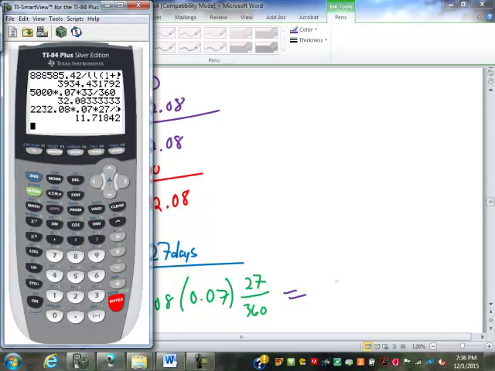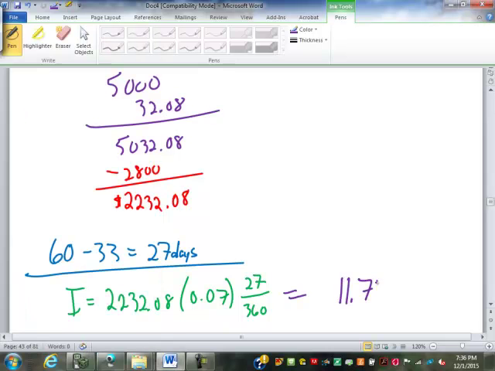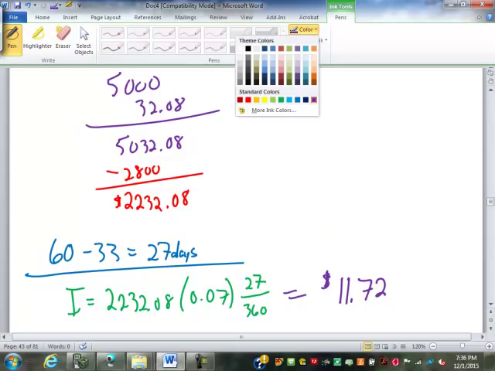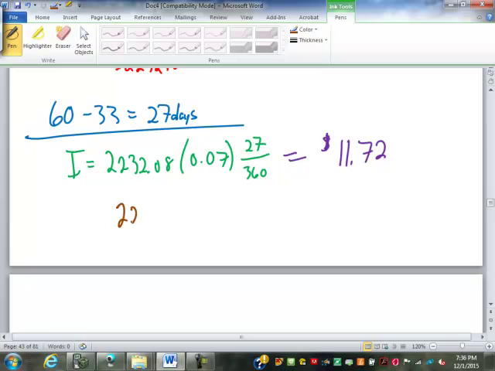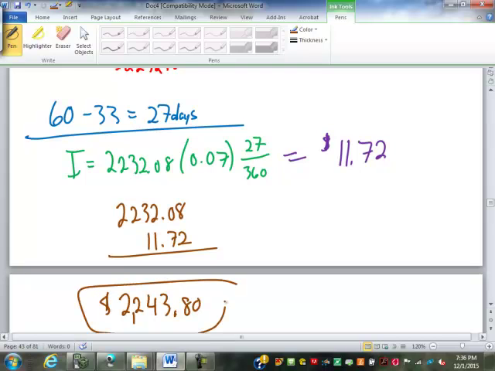So $11.72. So that means 2232.08 plus 11.72, $2,243.80 is the outstanding balance.